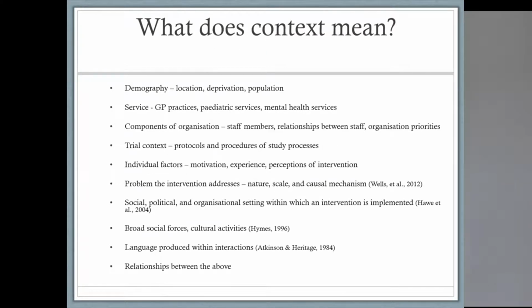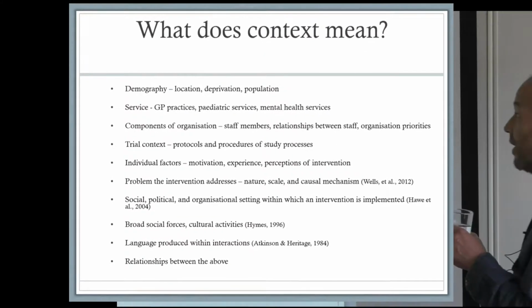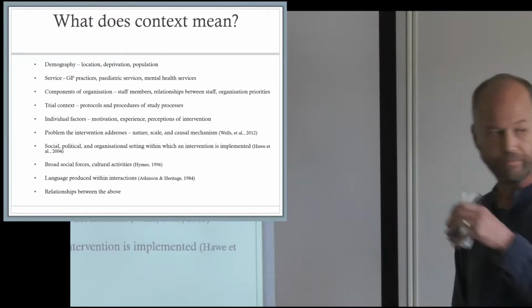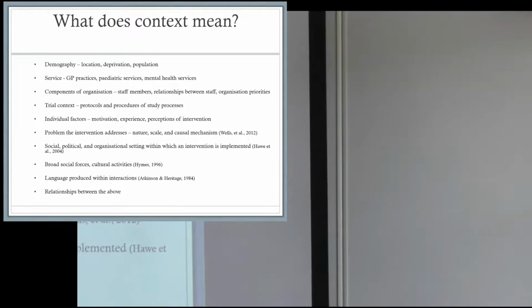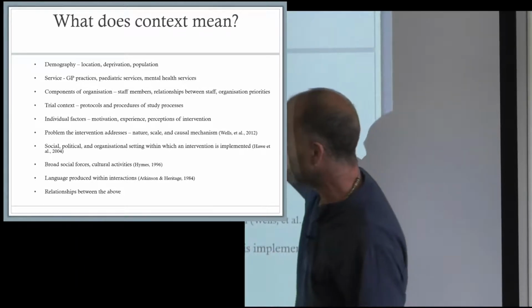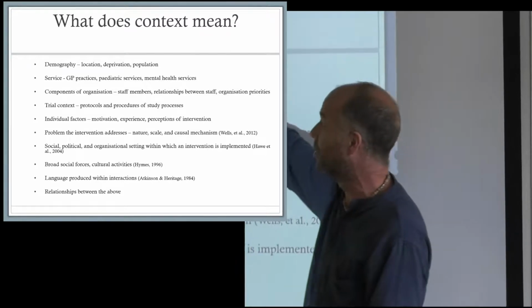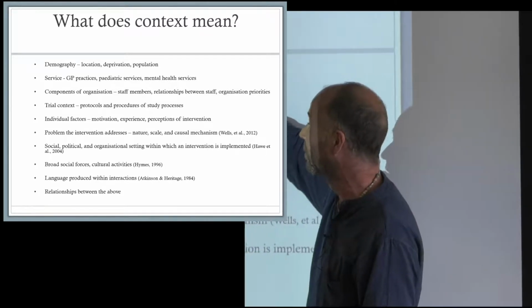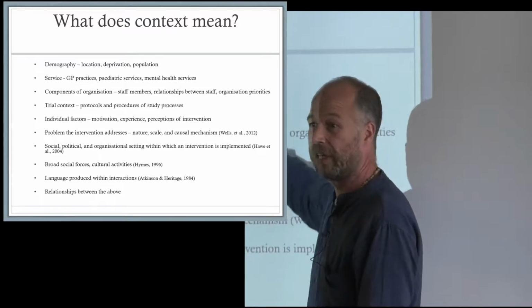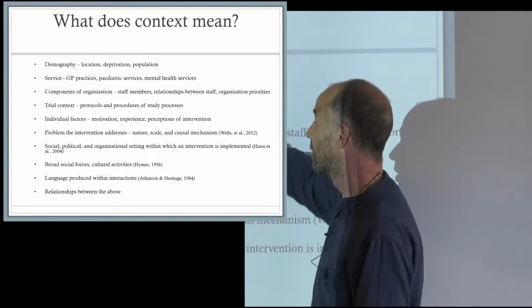So if you just look around at the literature, this is a range of different ways context gets defined. Most typically in health services research, I would say context gets defined in these ways. It's setting, it's demographic factors, it's the location, organisation, maybe the individuals involved. Most typically you see that kind of conceptualisation.